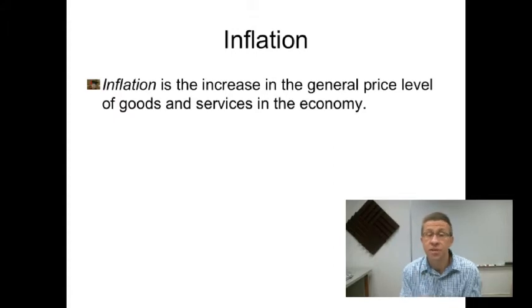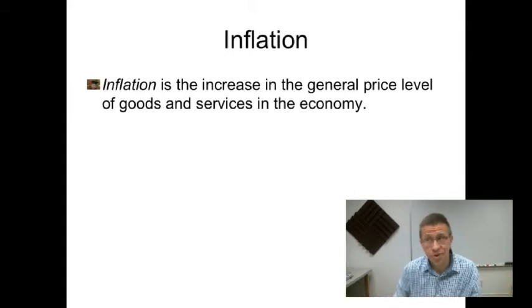But inflation refers to the general increase in prices. So that's what is happening with the overall price level, as we say, of goods and services in the economy. We say the general price level because inflation doesn't refer to a single product. It refers to prices overall.